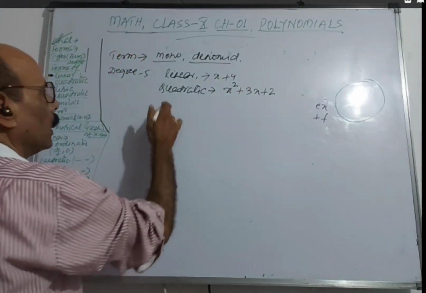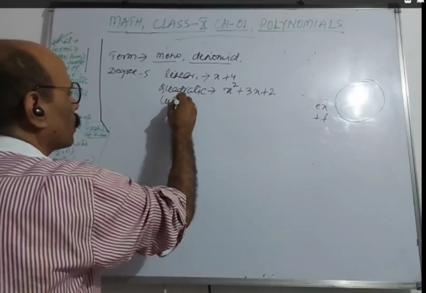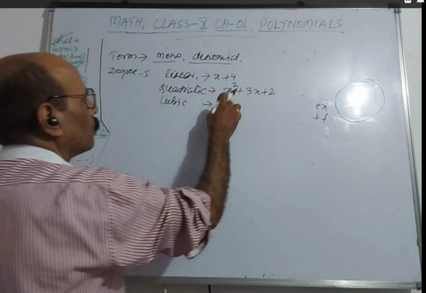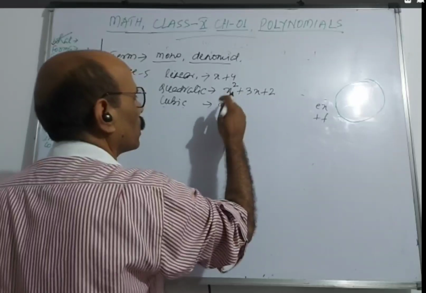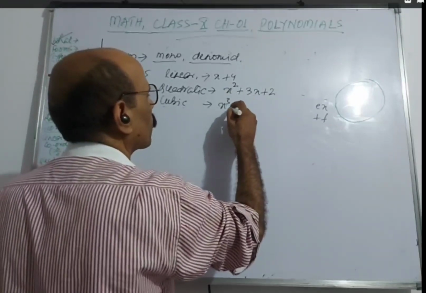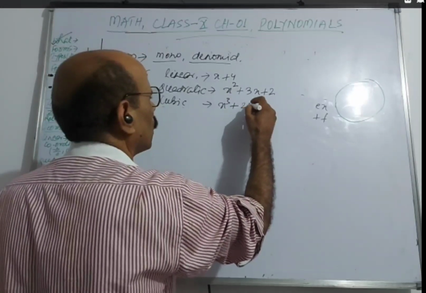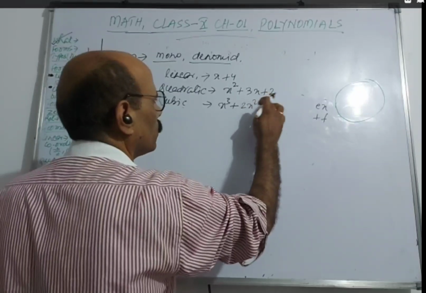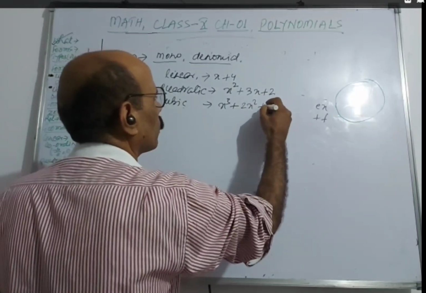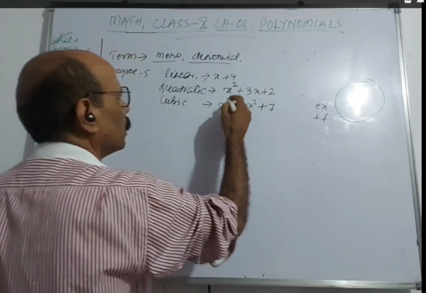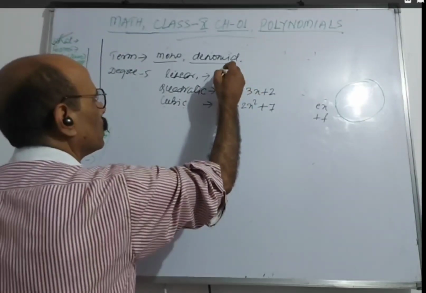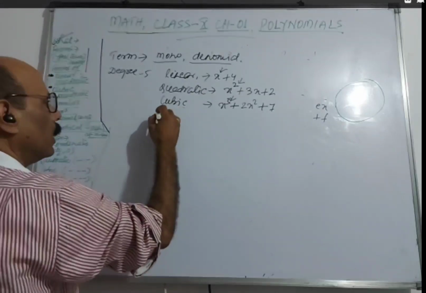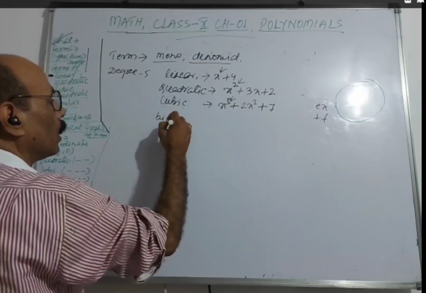Then cubic, power 3. Cube you know is 3. X to the power cube and 2x square, something like this, 2x square plus 7. This should be cubic. This is 2, quadratic. This is 1, linear.